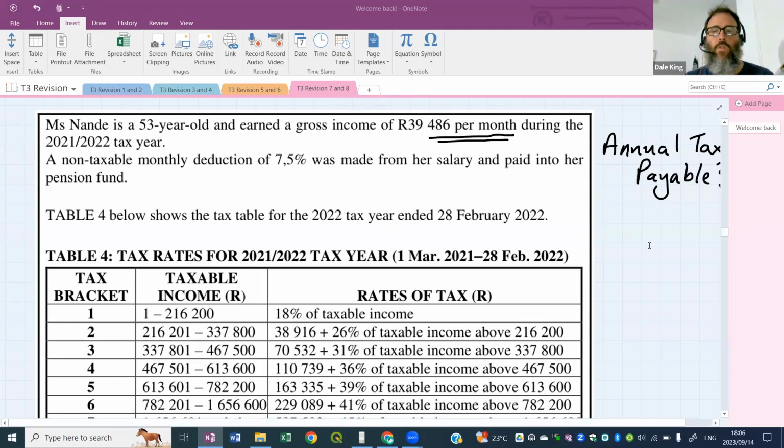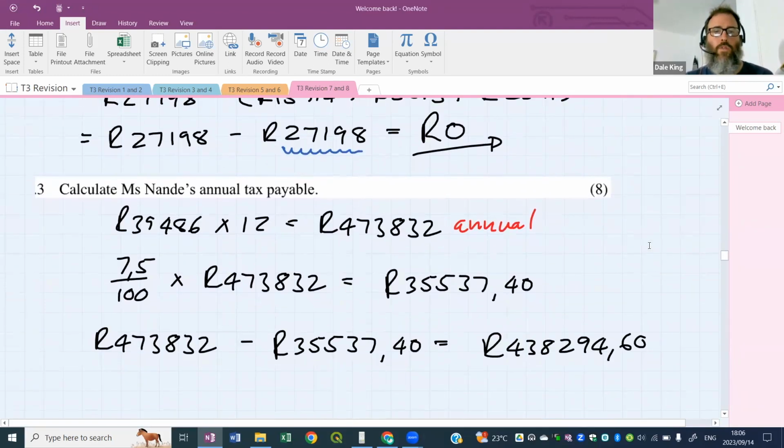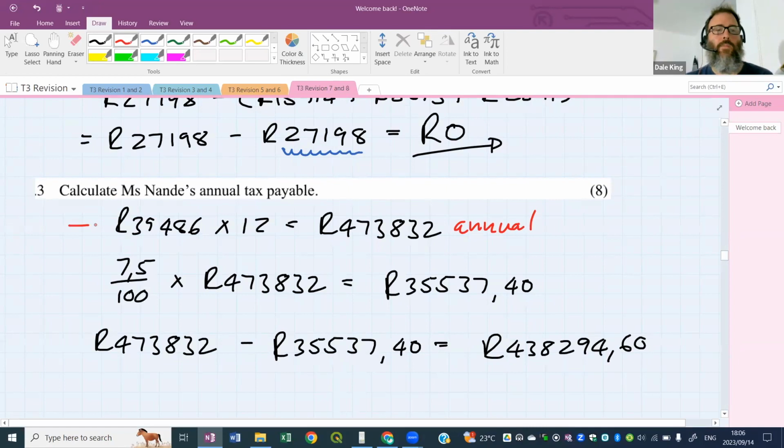So we started this question first, and the first thing we did was to work out the annual salary. There's our annual salary in the first line here. We said take the monthly salary times it by 12, and this gave us an annual amount. Then in the second line, we said work out 7.5% for the pension. What is 7.5% of this annual figure?